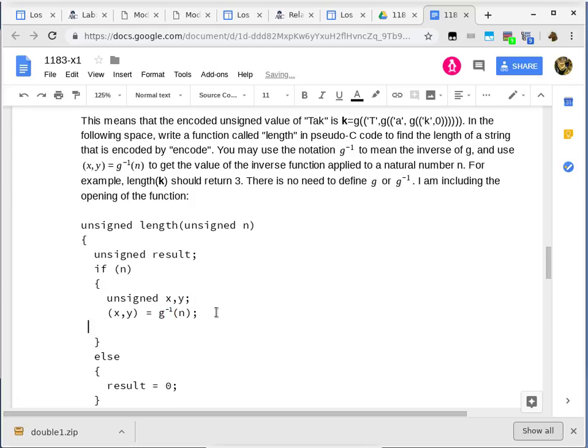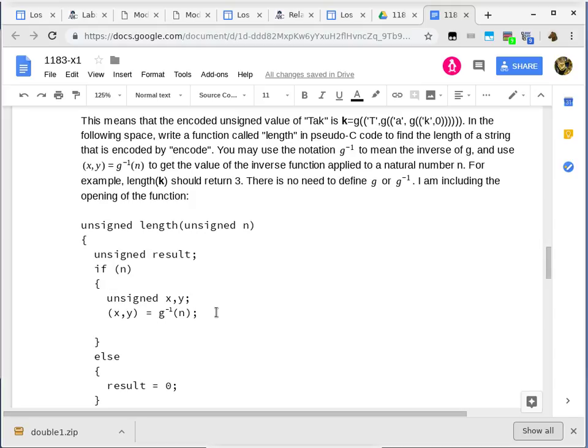So once we have the x and the y, the x is guaranteed to be non-zero, which means we have at least one character in the string encoded into n. But what about the rest? I don't know, and it's not my job, because I'm going to call the subroutine recursively to find the length of the rest of the string. Is that okay? That is the best part of recursive subroutines, is you're only responsible for one small part of the entire puzzle. As long as you can present the rest of the puzzle in the same form of the puzzle that you are solving, you can then just call recursively.